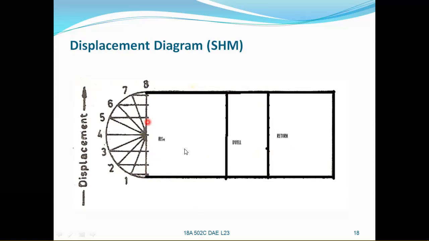And on this lift or displacement diagram, divide this into equal two parts. At half of the displacement, draw a semicircle and divide this semicircle into an even number of equal parts, which are divided on the outstroke as well as return stroke.